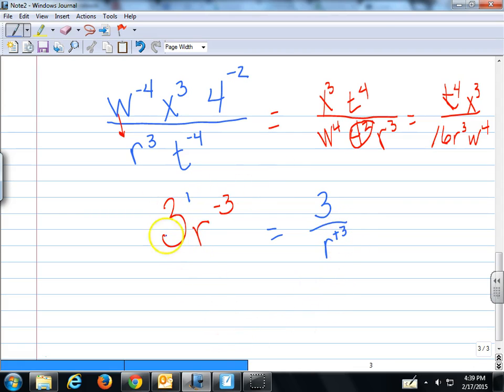Now if I wanted to change that, then I would be looking at 1 over 3r cubed. And then we'll get to that tomorrow and what that means.